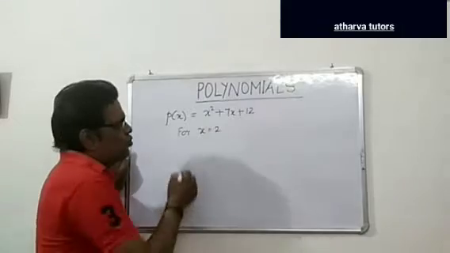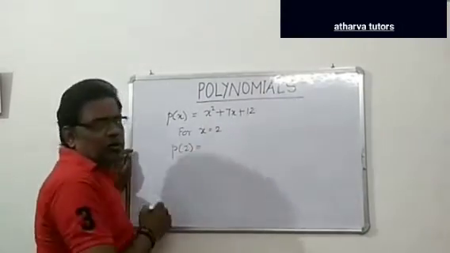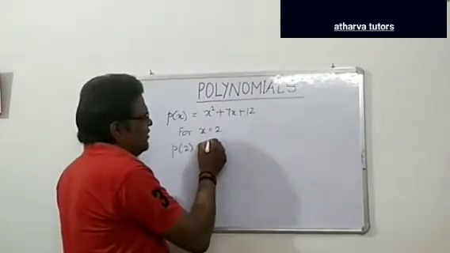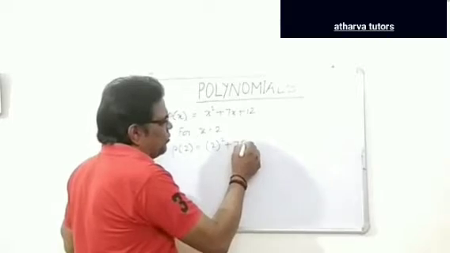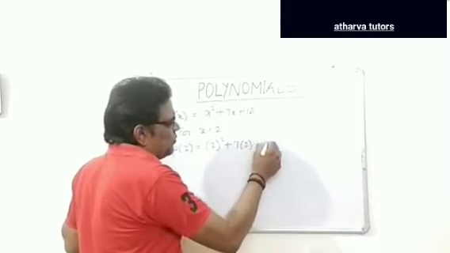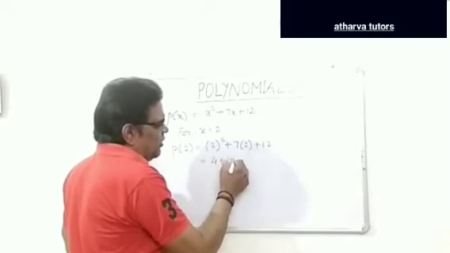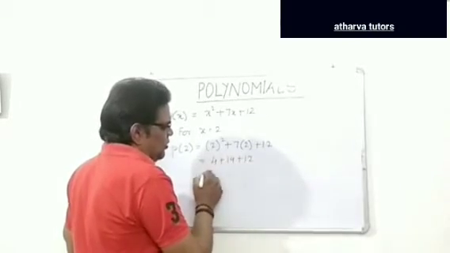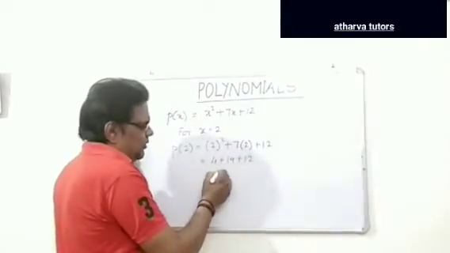For x equals 2, you used to write p(2), in place of x square you used to write 2 square plus 7 into 2 plus 12. So this used to be 4 plus 14 plus 12. So the answer used to be 30.